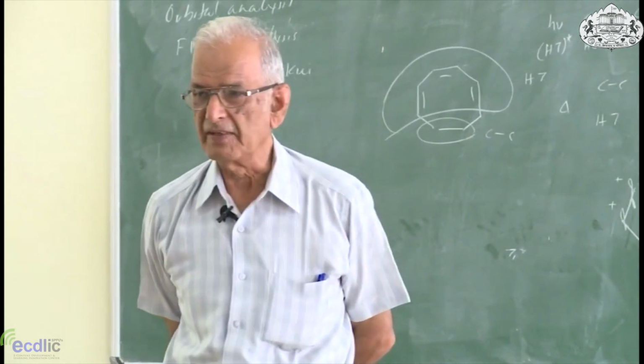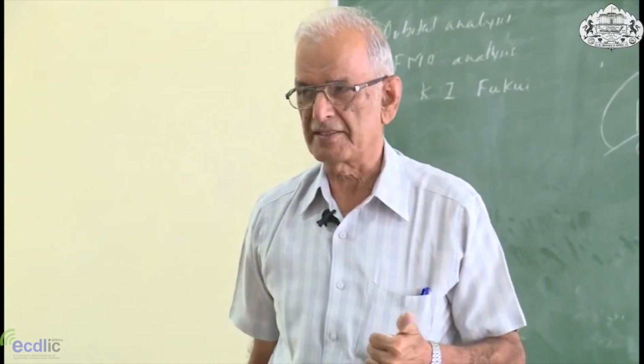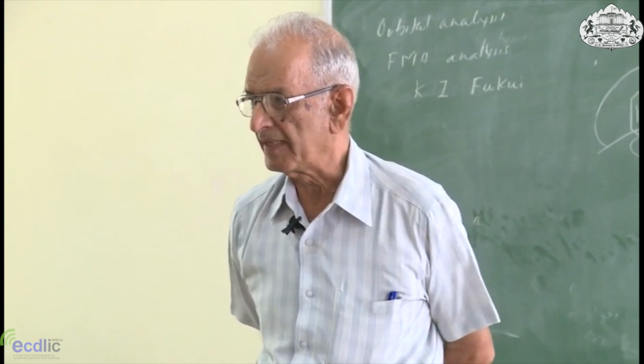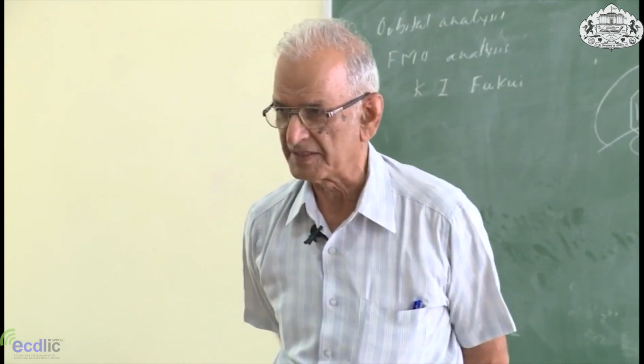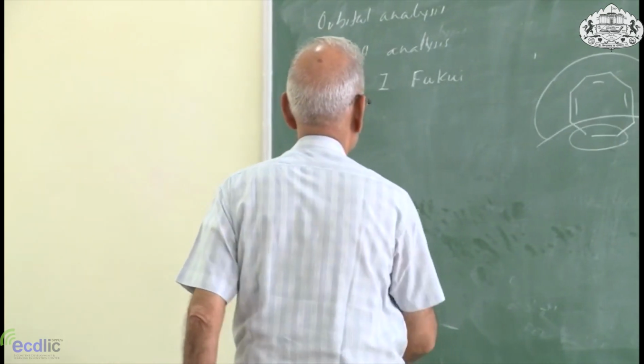So in half an hour, we looked at 4 electron system, 6 electron system, 8 electron. You can multiply 10, 12, 14, you can do it. All you have to do is go on drawing pictures. Okay.